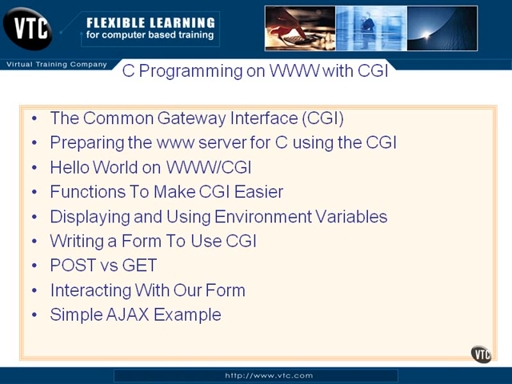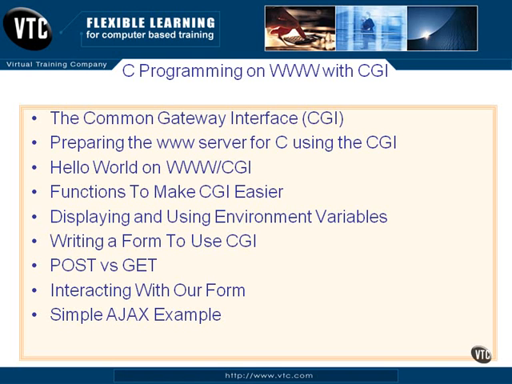We are going to be looking at C programming on the World Wide Web with the Common Gateway Interface, CGI. The CGI is the set of methods that lay in between you and a program that you write on your web server. It sits in between the client, the browser, and the web server that is getting information, whether that's pages or maybe information from a database.